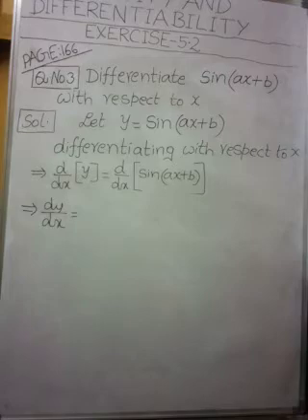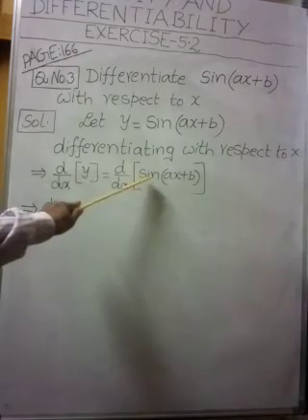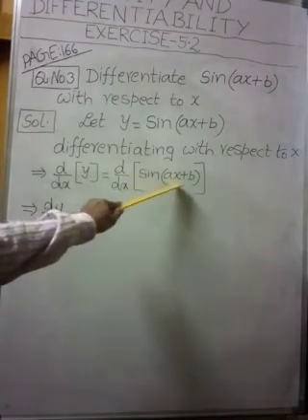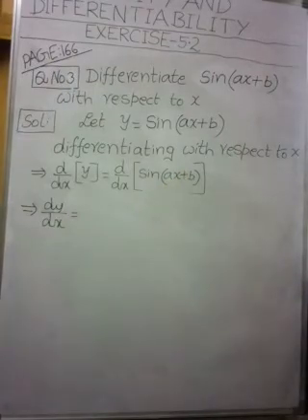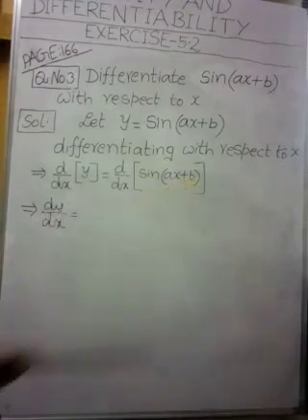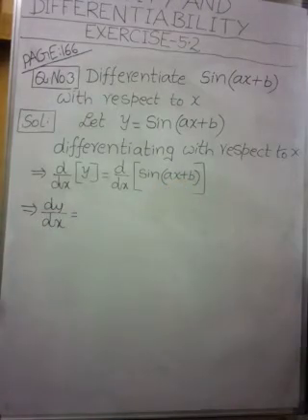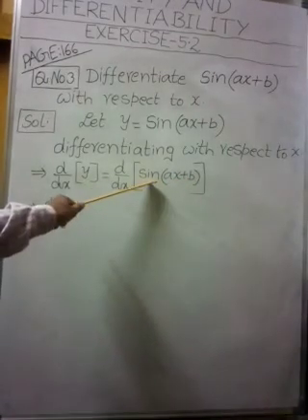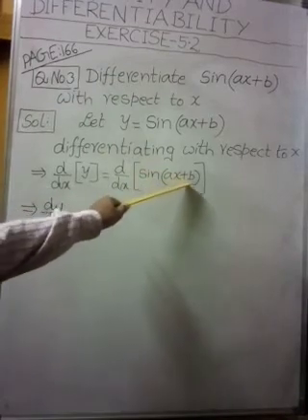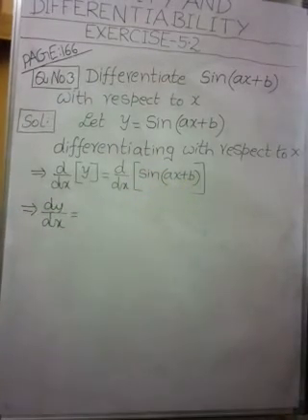In RHS, see here, what is the function? Sine function and ax plus b function. This is a composite of the two functions, sine function and ax plus b. So what I said, first we have to consider the sine function, and the inside function, imagine, just to consider, okay my dear children, as x.